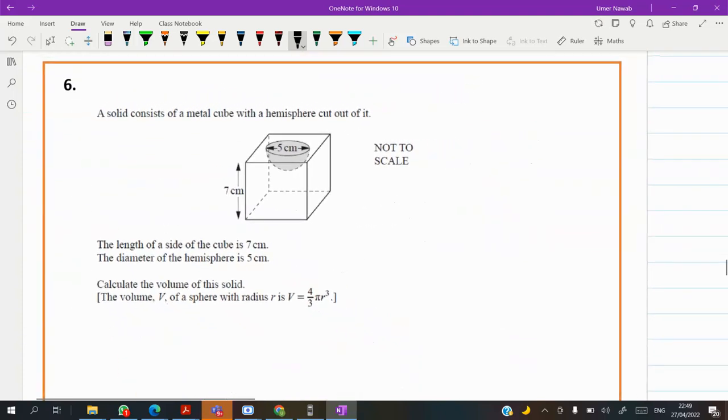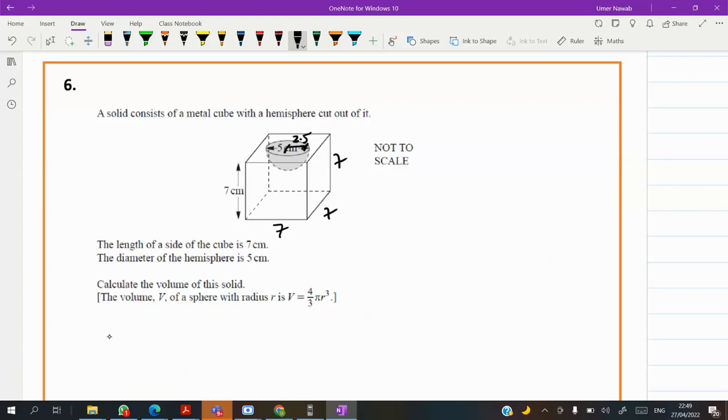Next, a solid consists of a metal cube with a hemisphere inside it. The radius of the hemisphere is 2.5. So what is he doing? He wants to cut the hemisphere from the cuboid shape. Is it a cube or cuboid? It's a cube, so 7 by 7 by 7.